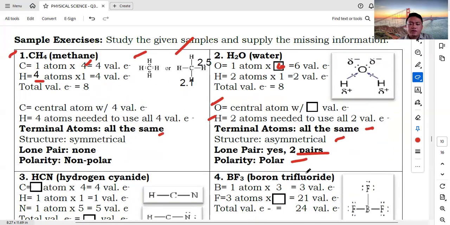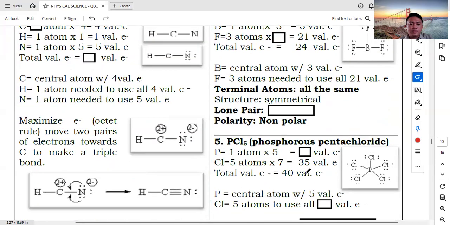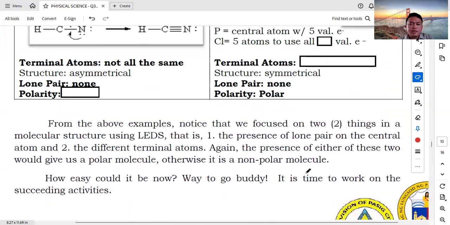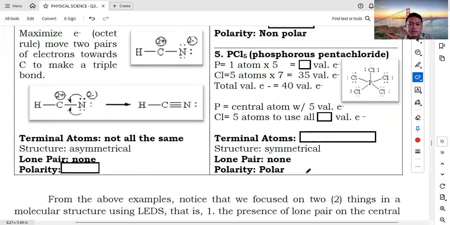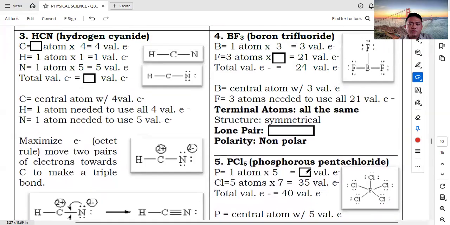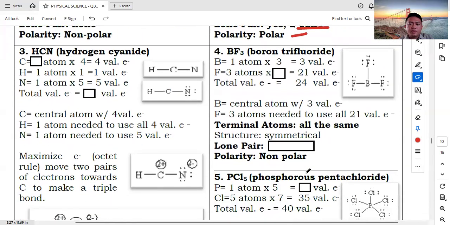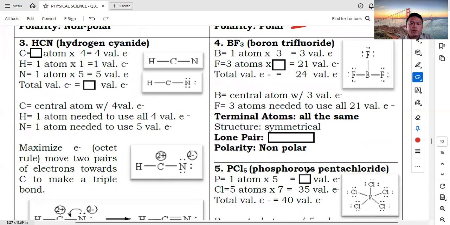Okay, those are the first few examples. So you may take a photo of this. Let's try number 3 and 4, for hydrogen cyanide and boron trifluoride.